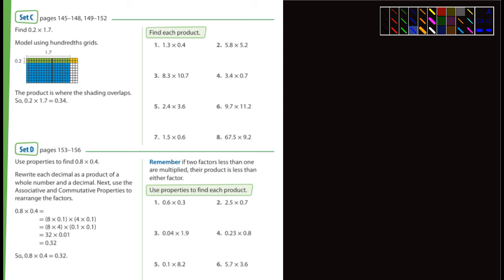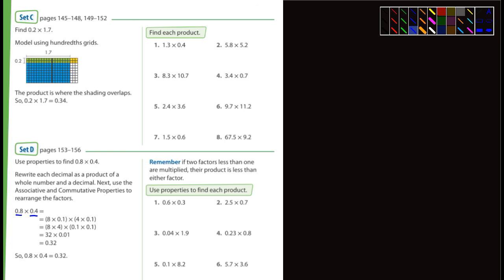In set D, it says use properties to find 0.8 times 0.4. So rewrite each decimal as a product of a whole number and a decimal. Next, use the associative and commutative properties to rearrange the factors. So for 0.8 times 0.4, they've got 8 times 0.1, which is the same thing as 0.8, and 4 times 0.1, which is the same thing as 0.4.